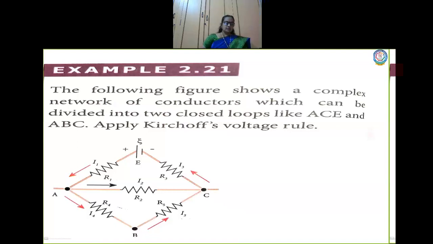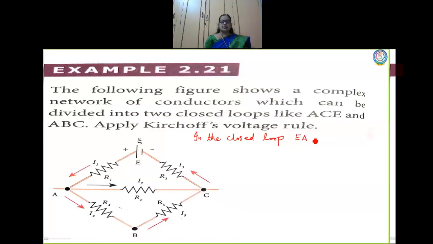So let us apply Kirchhoff's voltage rule across the first closed loop. You have to choose a closed loop, which is very important. What is the first closed loop I take? I start from E, children.